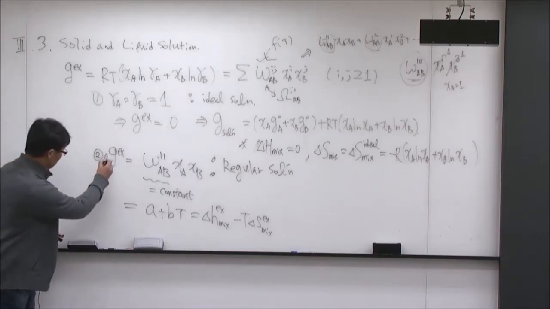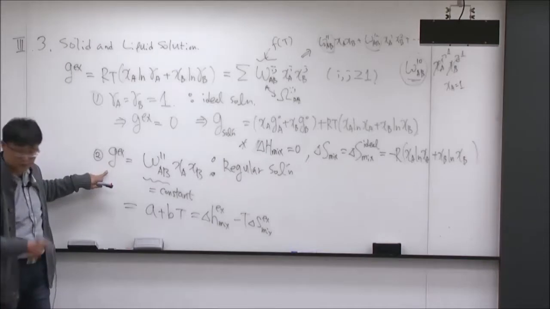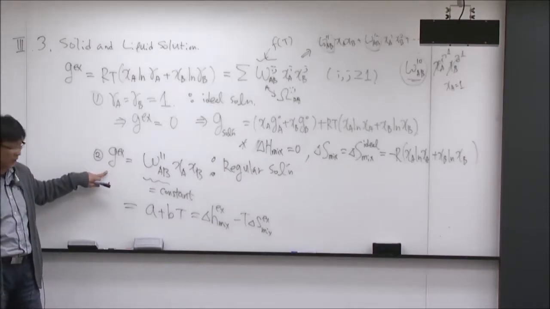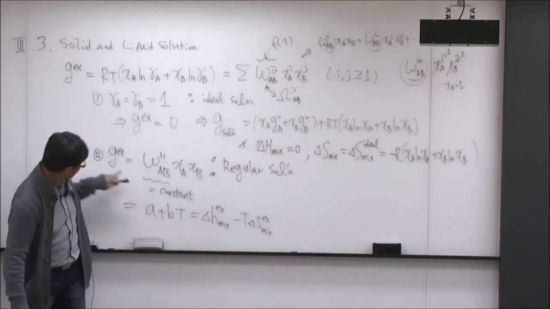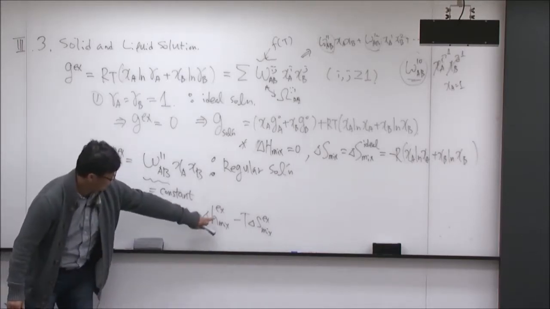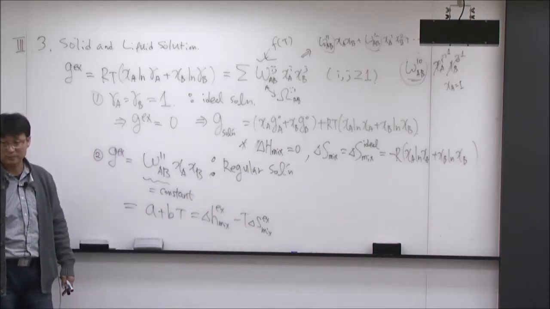So it's basically delta Gxs, the change from the ideal value. So this is the mixing term. So Gxs is delta H of mixing excess term minus T delta S of mixing excess term.